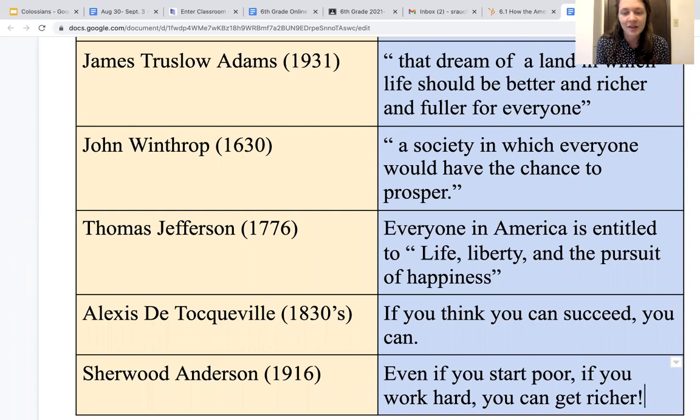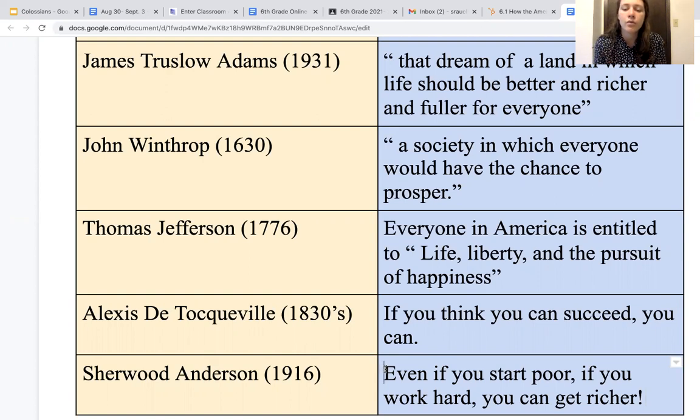Now, just because these ideas are written on paper doesn't mean that they're always true, and I want you to start thinking about that a little bit. As a sixth grader, we need to be what is called a critical reader. You need to be reading things and not just assuming they're true because they're written on a page, but thinking about if they're true. So I want you to start on this last one.